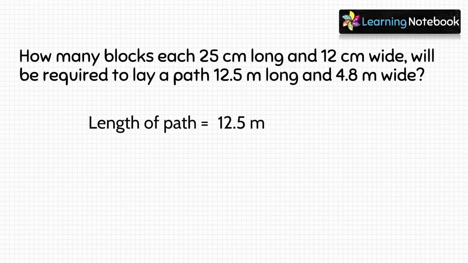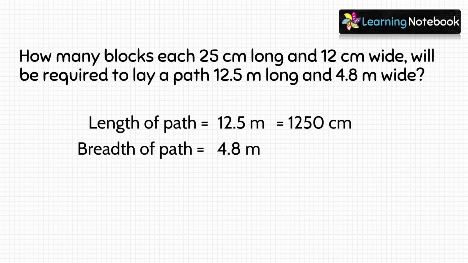Length of the path is given as 12.5 meter. Let's convert it into centimeters. We get 1250 centimeter. Similarly, breadth of path is given as 4.8 meter. So in centimeters, it will be written as 480 centimeters.